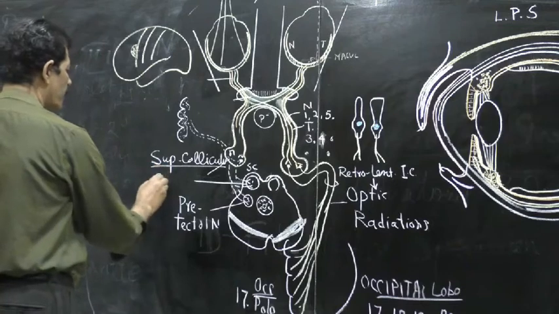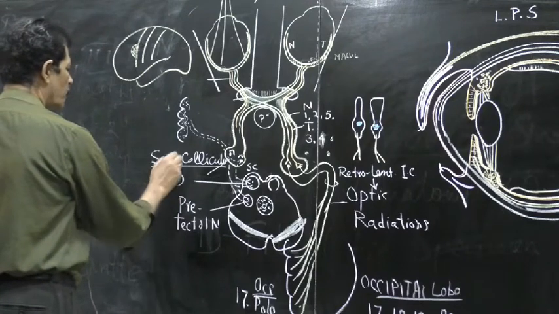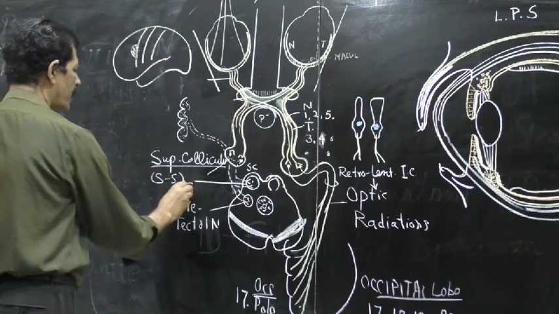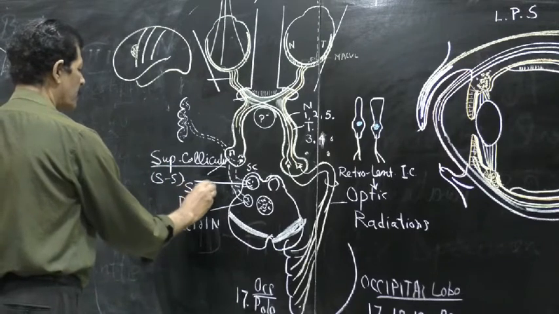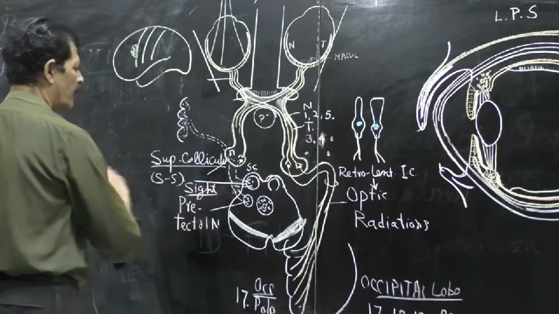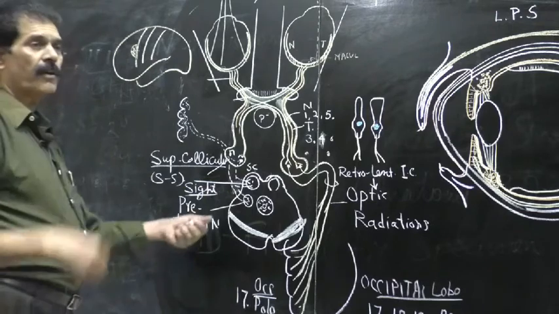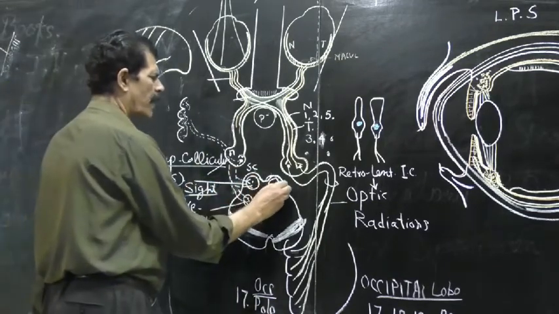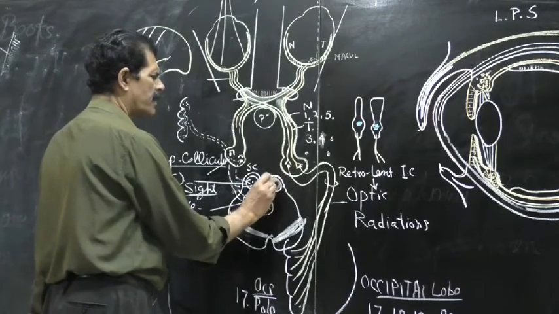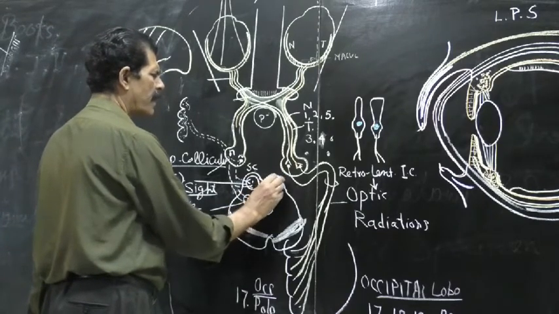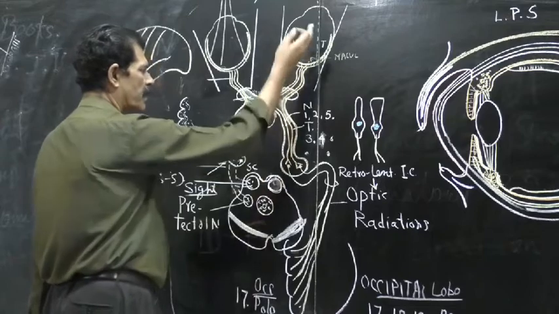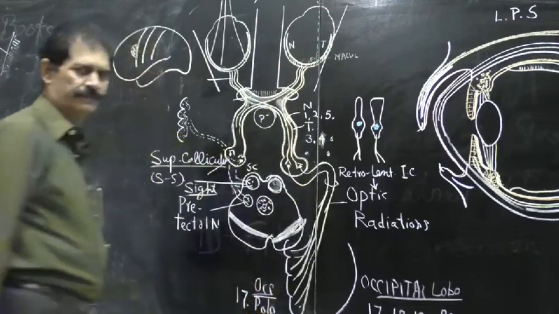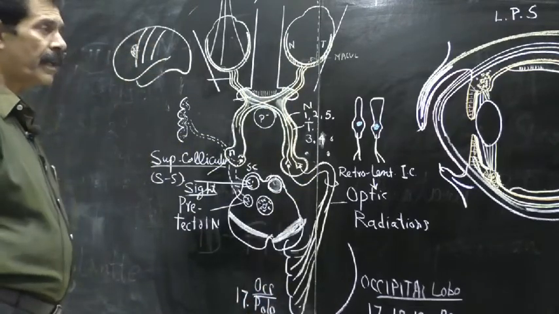So remember S for S. Superior colliculus is for the sight. Sight means vision of eye. And inferior colliculus function is ear. It means it is concerned with the visual pathway or optic pathways.